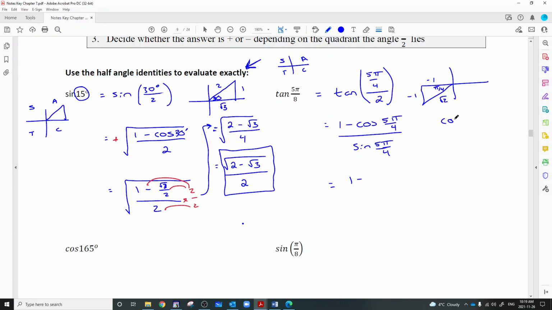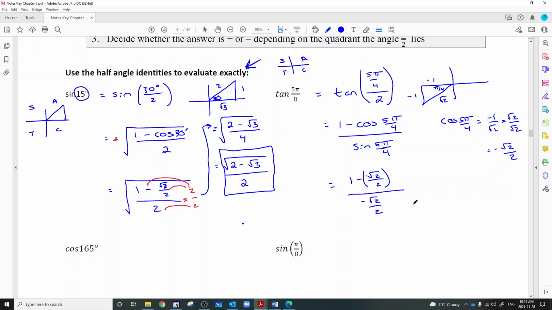Now cos of 5 pi by 4 is adjacent over hypotenuse. I'm going to rationalize it before I put it in. It's so much easier. So negative root 2 over 2. So I'm going to put in negative root 2 over 2. And then in my denominator, I've got sine of pi by 4. Now sine of pi by 4 is the same, negative 1 over root 2. So I'm going to put in negative root 2 over 2.